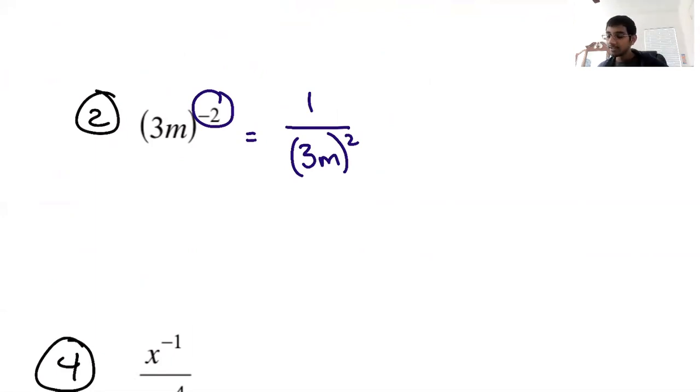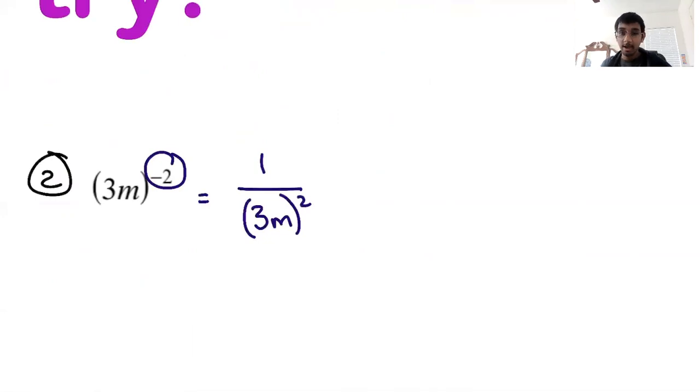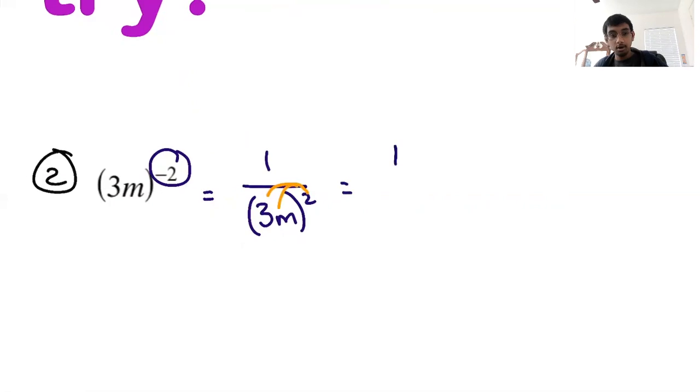Now we have to simplify this, because we have 3m being squared as a whole. So we go to our next rule, distributing the exponent onto each part. We distribute the 2 here and the 2 there. So our new one should look like 1 over 9m squared. And that is our answer.